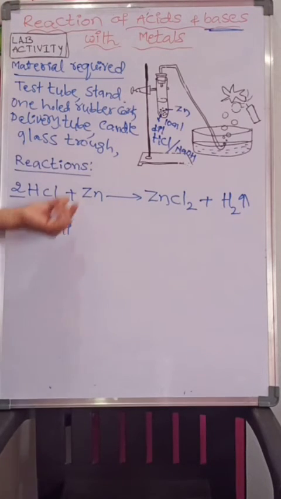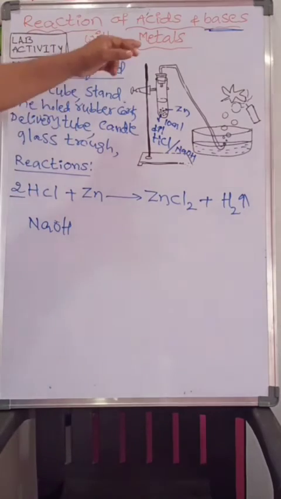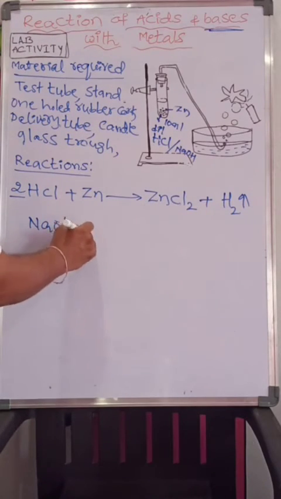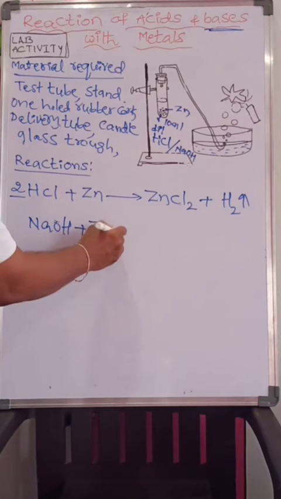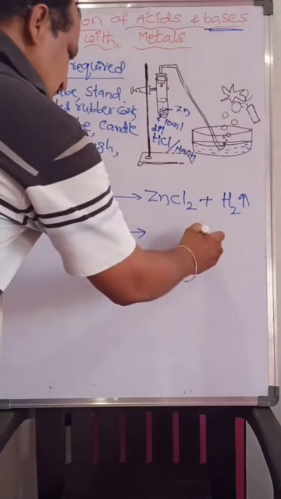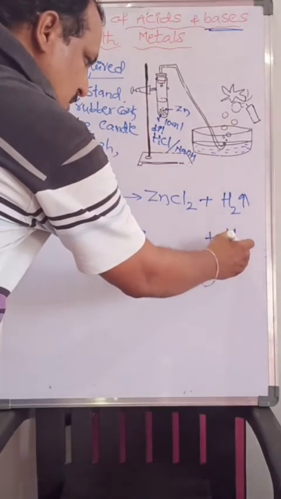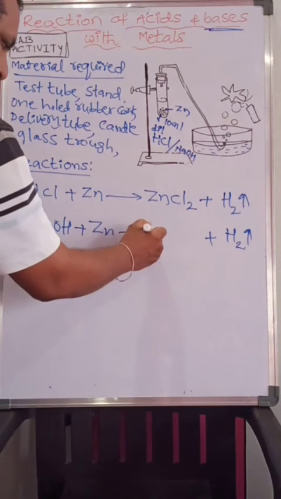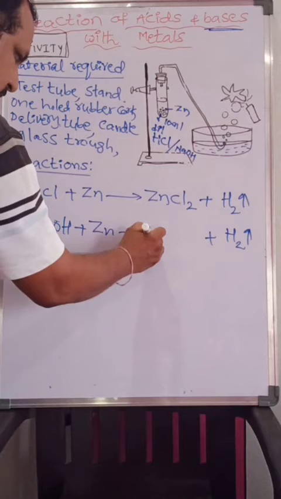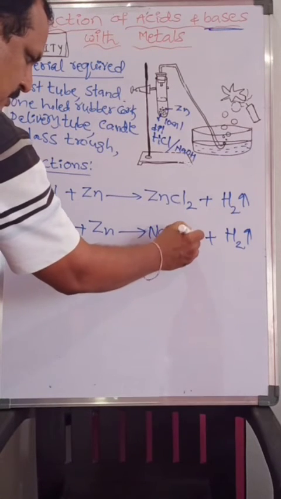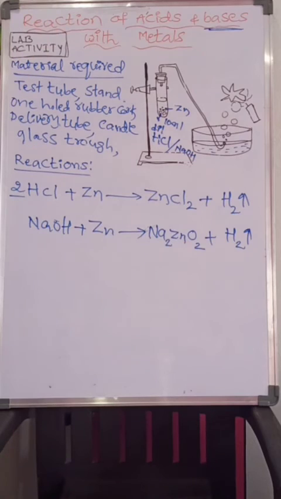So let us see the base and metal reaction. This is the base NaOH, with the same metal zinc. We get salt, sodium zincate, Na2ZnO2, and hydrogen gas.